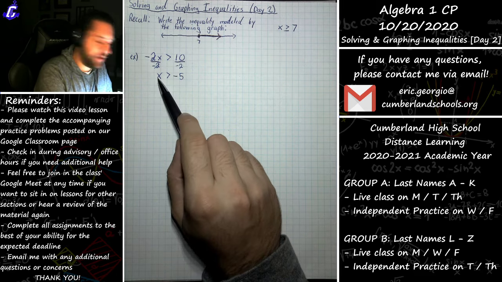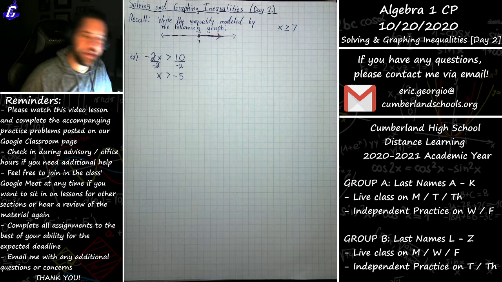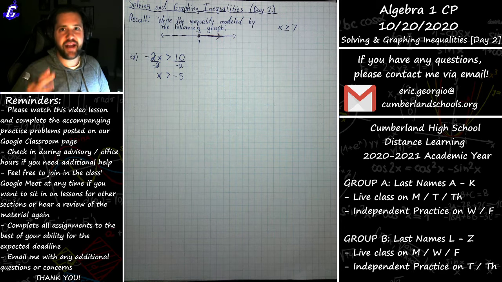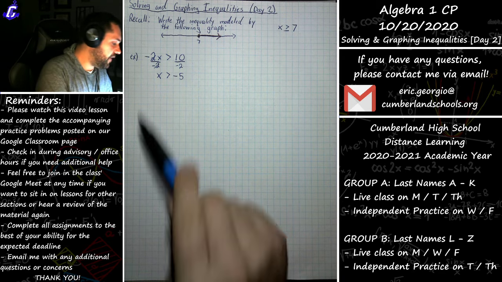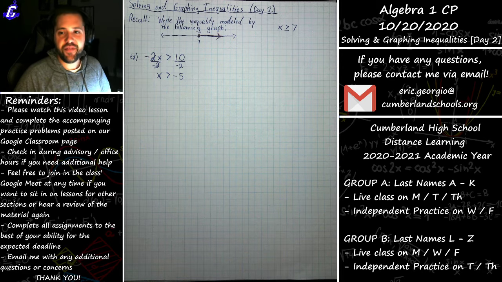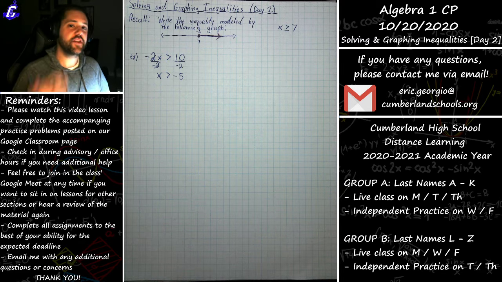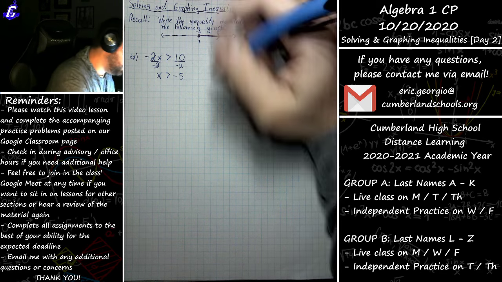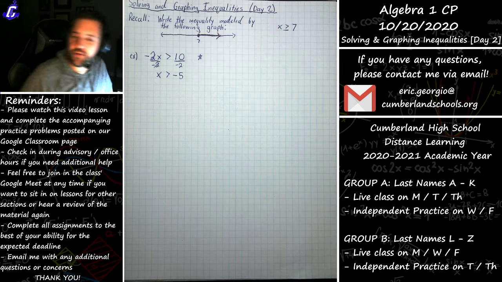If I plug in negative 4, negative 2 times negative 4 is 8. That's not greater than 10. That's less than 10. If I plug in 5, like I said, negative 2 times 5 is negative 10. That's not greater than 10. That's less than 10. So to account for this change, and I'm going to put a big old star here, and I recommend you do the same in your notebook.